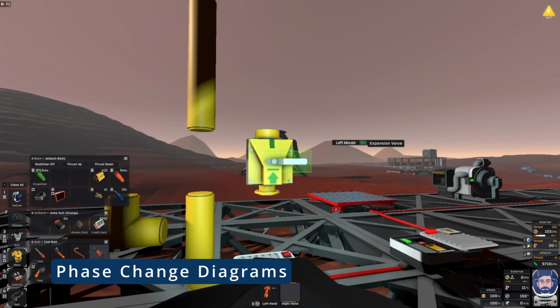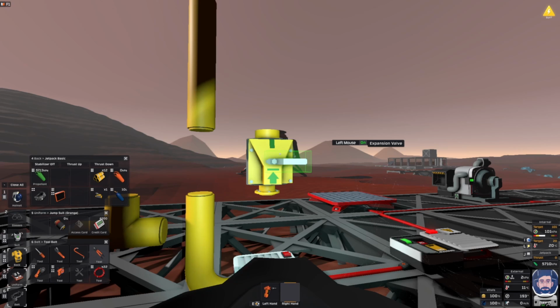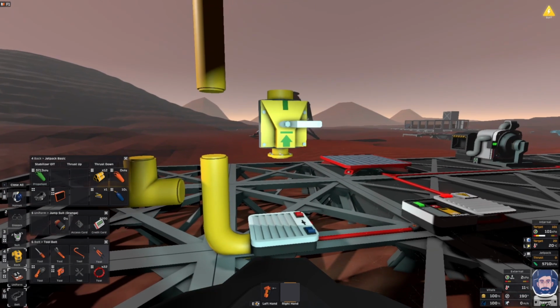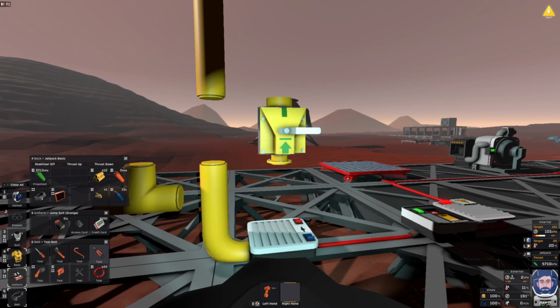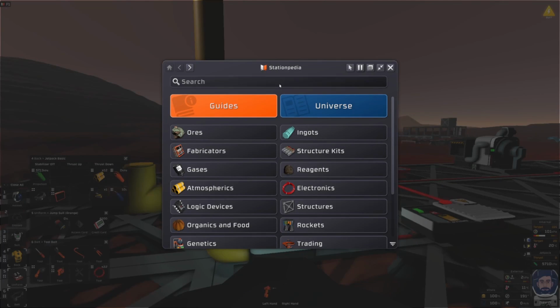I've mentioned now evaporation and condensation a few times. The way you would know at what pressure and temperature a gas in Stationeers will condense or a liquid evaporate is by using the Stationpedia. We saw earlier that the pollutant that I put under a lot of pressure in the pipe turned to liquid. So let's take a look at pollutant.